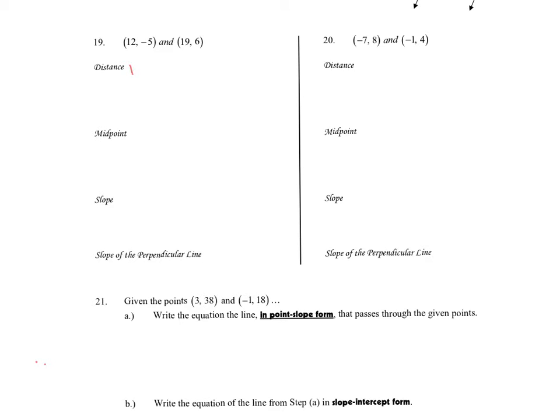And so distance is the square root of, we're going to take the difference in the y values. So 6 minus a negative 5, and square that. And then the difference in the x values, and square that.